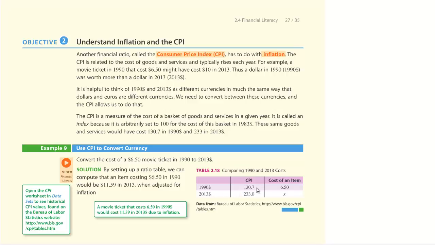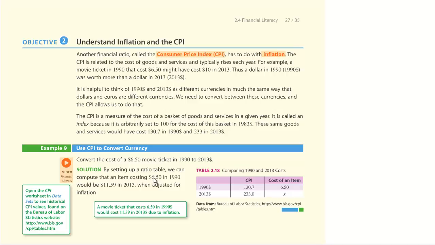So according to this, $100 worth of stuff in 1983 cost $130.70 in 1990, and it cost $233 in 2013. With that in mind, we can ask how much a $6.50 item from 1990 costs in 2013.